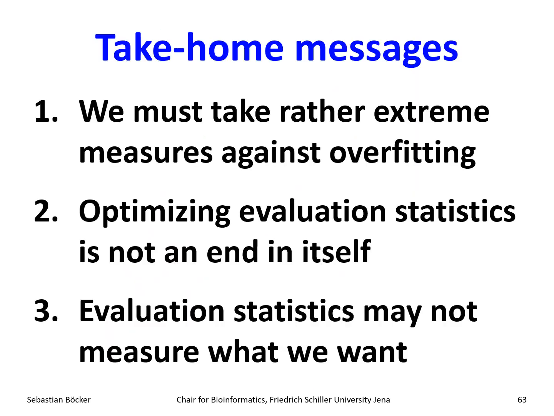And with that, this is the take-home message for everybody interested in machine learning. Our data often makes it necessary to take rather extreme measures against overfitting. That's not necessary in many other areas where you can apply machine learning. But here, and I could talk about that again for half an hour, there are reasons why we have rather extreme overfitting sometimes, and we have to take rather extreme measures against it. We should always be aware that optimizing evaluation statistics such as area under curve is not an end in itself.